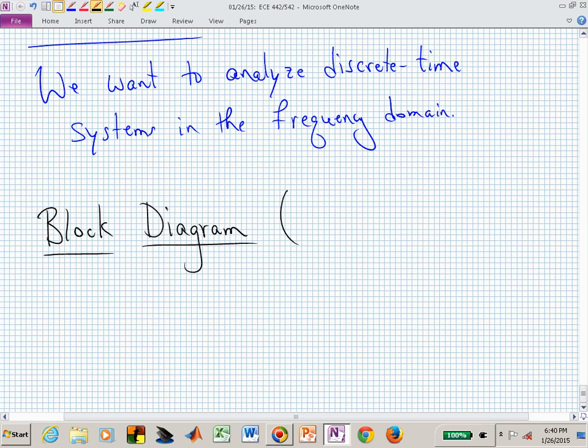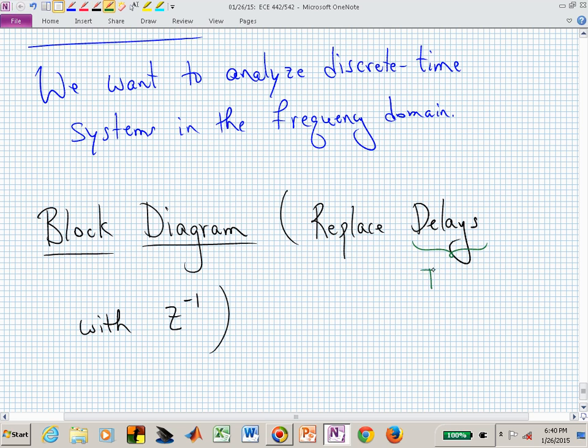And what we will do is replace the delays with its operator in the frequency domain, which is z to the minus 1.